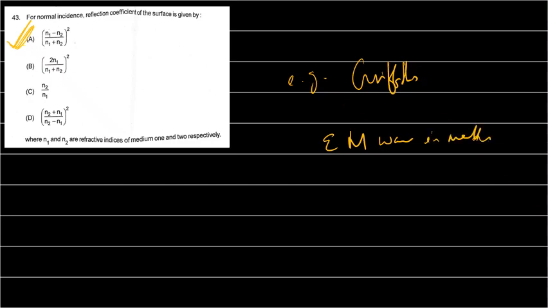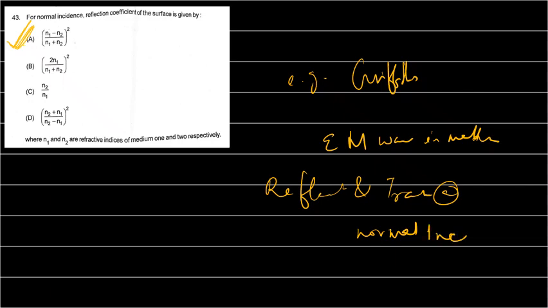So you can go to the section called Reflection and Transmission at Normal Incidence. In the last point of this section, it tells you this reflection coefficient and transmission coefficient. So from that you can check this derivation.